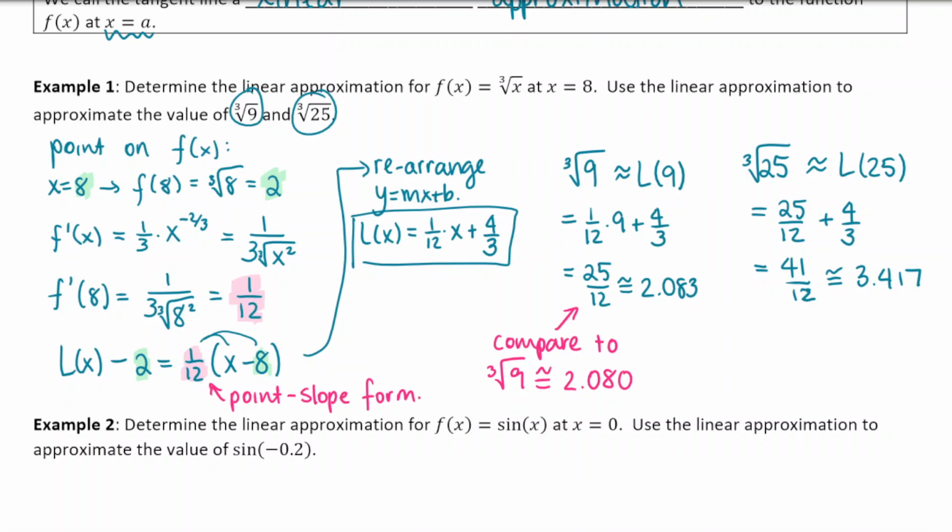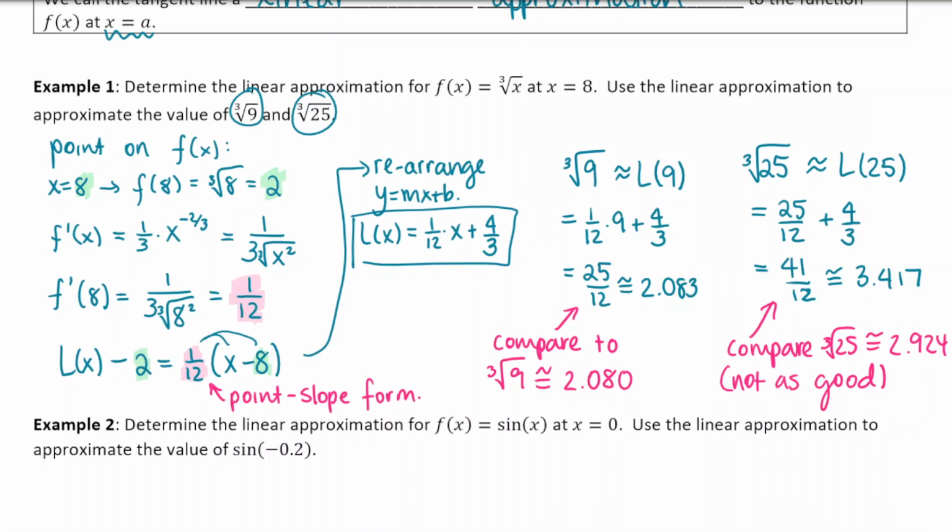The actual value of the cube root of 25 is 2.924. So it's not as good, but that's because we're pretty far away from x equals 8.